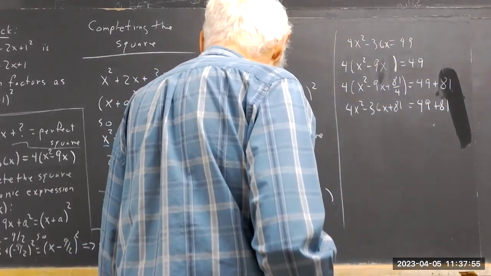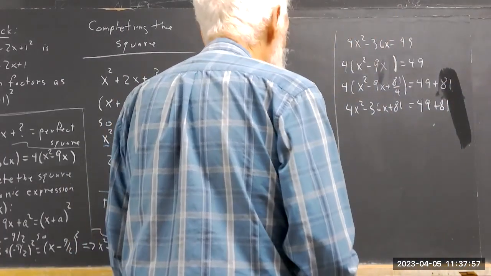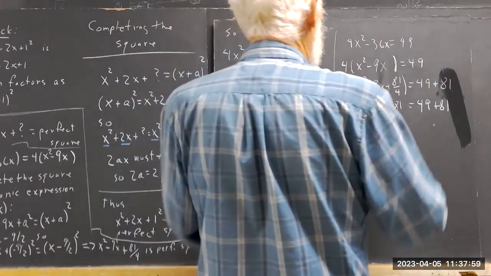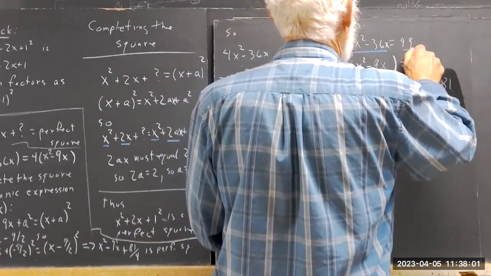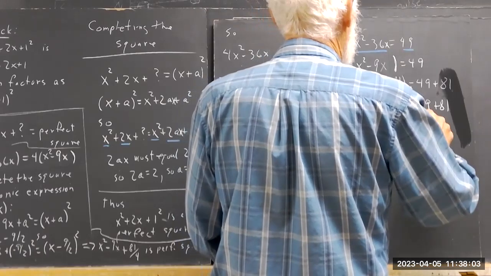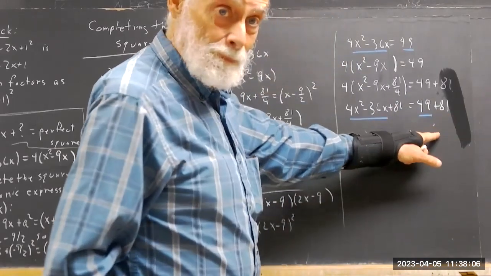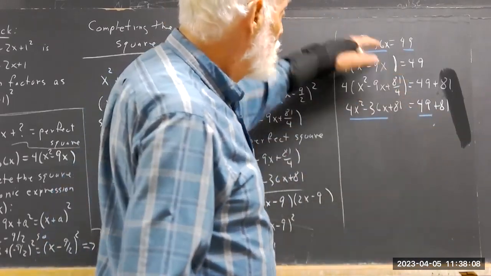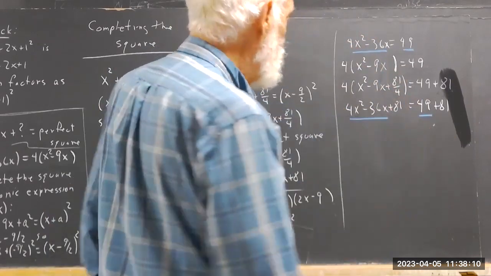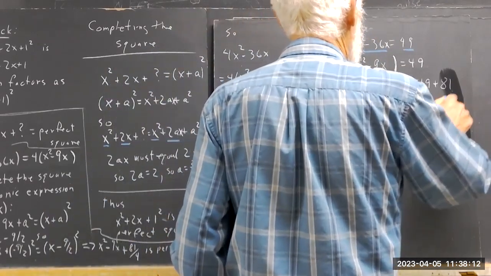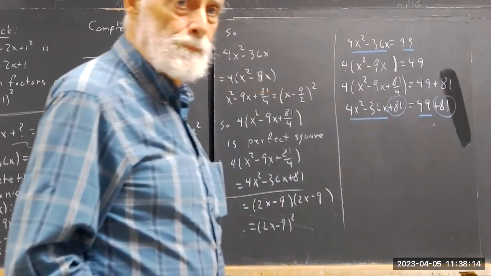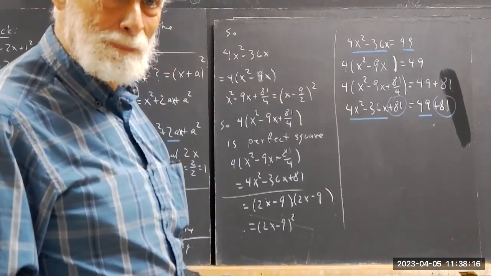It works, and we see that it works because what I started off with was this, and I've got it here and here. So I've got what I started with, and then I've got the plus 81. Make sense?